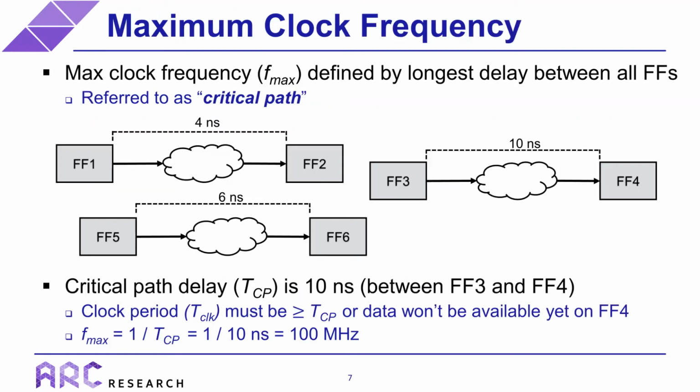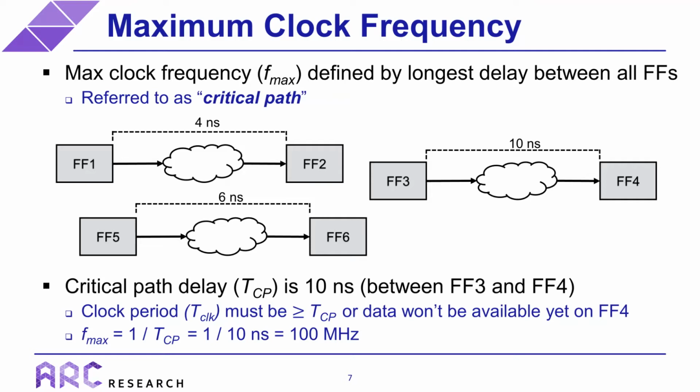Now that we have a basic understanding of clock frequencies, anytime that you do timing optimization, what you're ultimately looking for is the maximum clock frequency you can use for your entire design. This frequency is often referred to as Fmax.